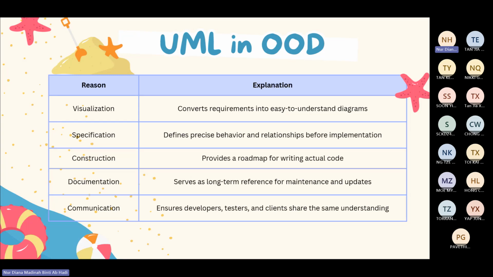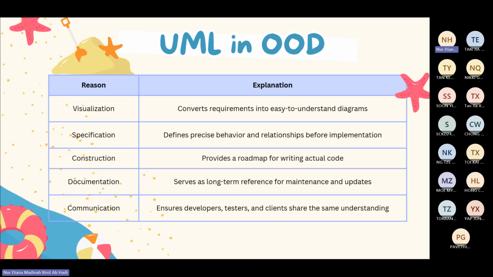Okay? Specification: they will define much more detail, much more precise, about the behaviors and the relationships before you go in depth into the implementation. After that, for construction, they will provide a roadmap for writing the actual code. They will guide you properly so you can see whether your code is correct or not.